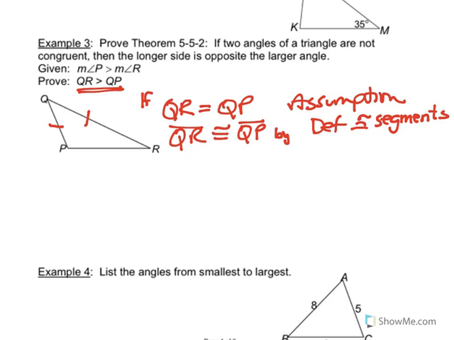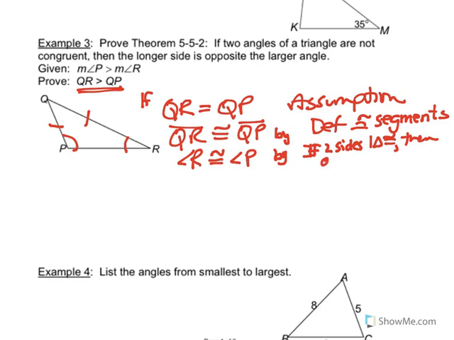And then if that were true, we could say that angle R is congruent to angle P. And how would that be? Go back to our isosceles theorem: if two sides of one triangle are congruent, then opposite angles are congruent.